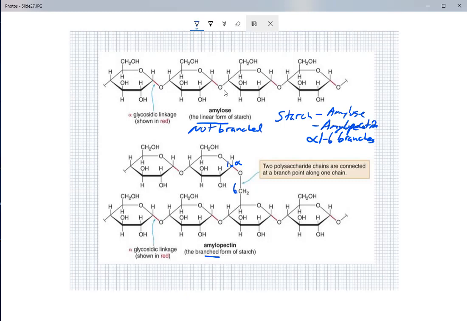Not that this makes a big difference for us in terms of how we get energy from them when we eat starches or grains, but it does make a difference in the lab, and that has to do with the iodine starch test, or the reaction between iodine and starch, and we'll talk a little bit about this in a moment.